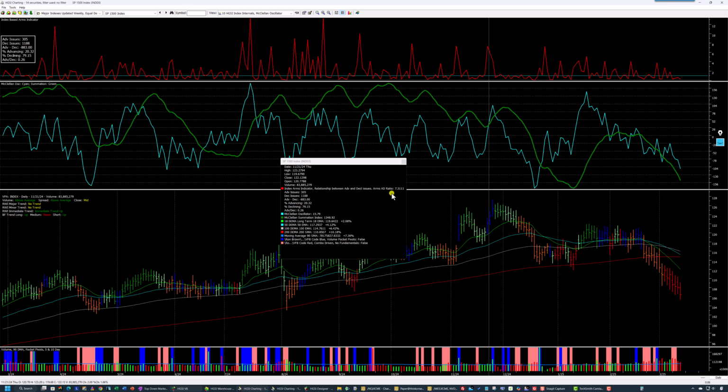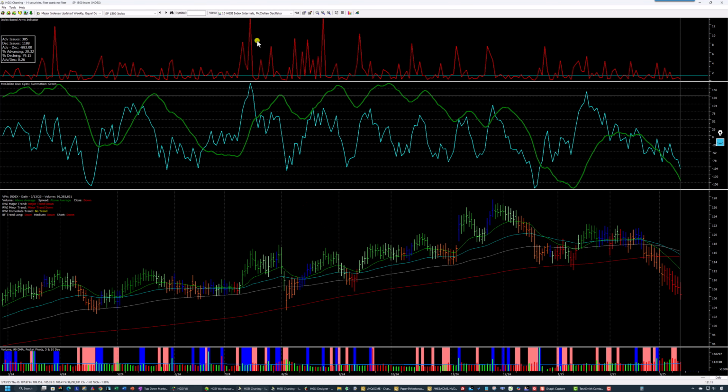It was 7.311 positive, 7-to-1 advancers over decliners on that day. When you get the big spikes, you can see here it was a 13-to-1 day. If it's under the blue line, yesterday it was 0.63, so it tells me that it was a very weak day, advancers versus decliners.